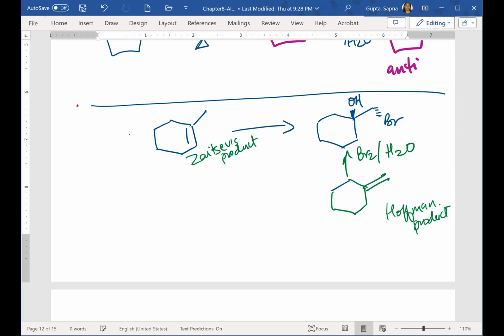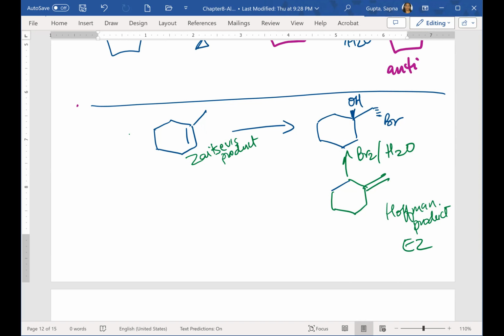I'm writing product because that's how we've been learning, but that's the more stable alkene, right? That's Zaitsev's alkene, and this is the Hofmann kind. So to get a Hofmann product, the only way that works is by E2.